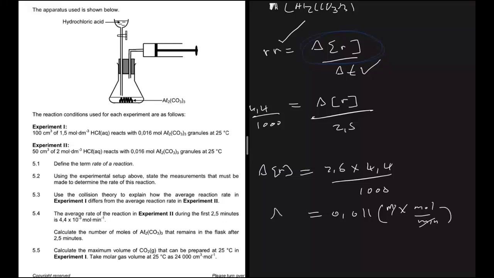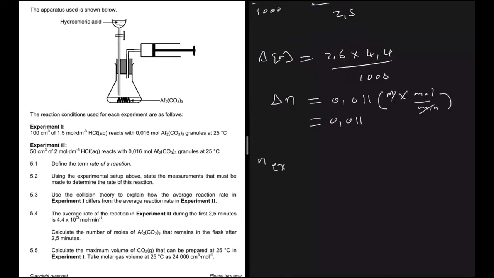So the change in the number of moles is thus 0.011, right? So that's how I'm getting 0.011 moles instead of moles per decimeter cube.